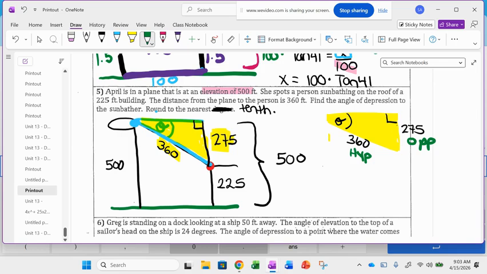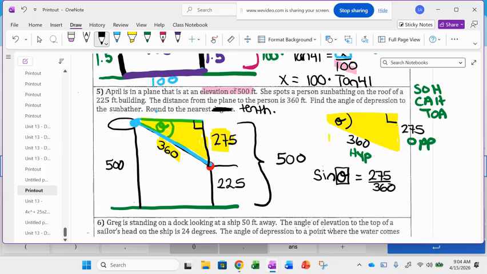So if I'm going back to SOHCAHTOA, which one am I using? SOH, CAH, or TOA? So then I have to ask myself, what is the S in SOH? Yeah. And you can never write sine alone. What is it going to be? Sine theta equals 275 over 360.